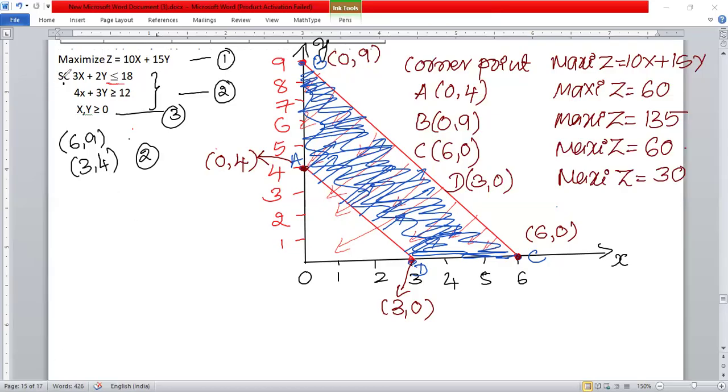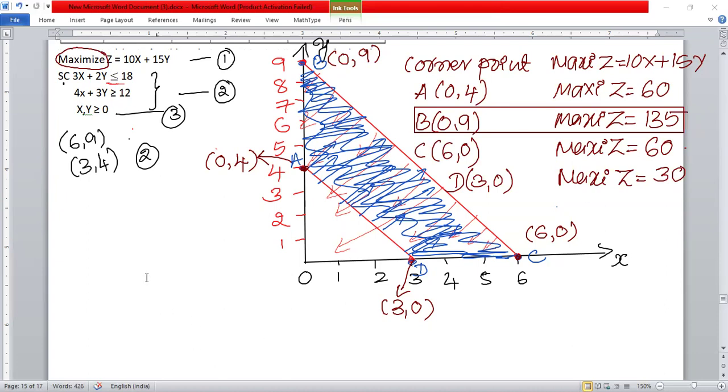Yes, they're asking for maximize. Look at the last table, which is the maximum answer. So the maximum answer is 135. Guys, correct answer, right?